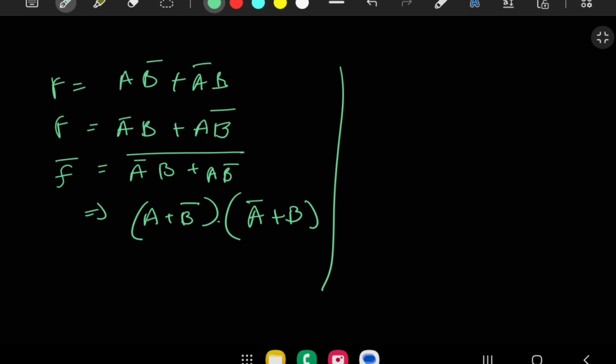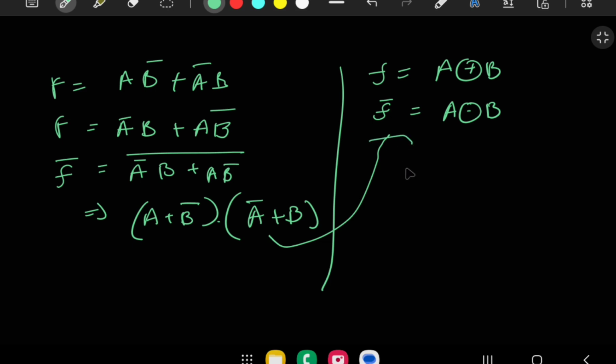Okay. Now this is your exclusive OR. So what should be your complement? Exclusive NOR. So this is your equation for exclusive NOR. So X complement will be exclusive NOR.